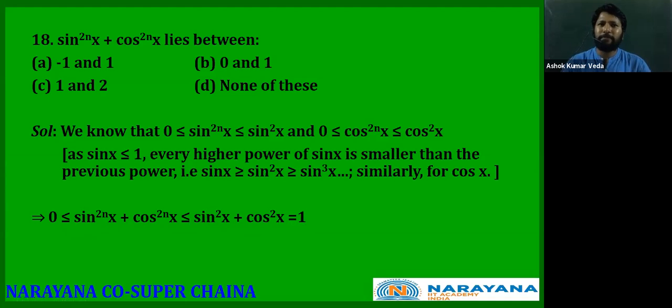Okay. So you see, we have done another question which depends on n, but we are able to tell where this given expression always lies simply by using the fact that sine square will always lie between 0 and 1. Got it? Okay. Let us proceed then.